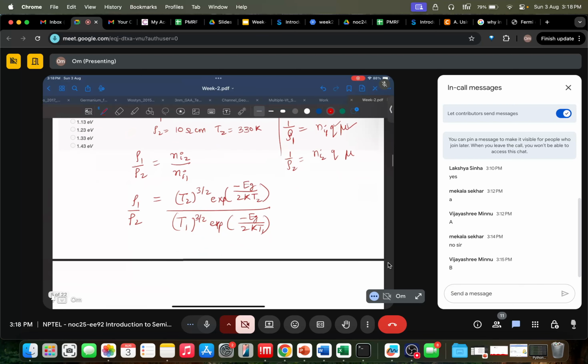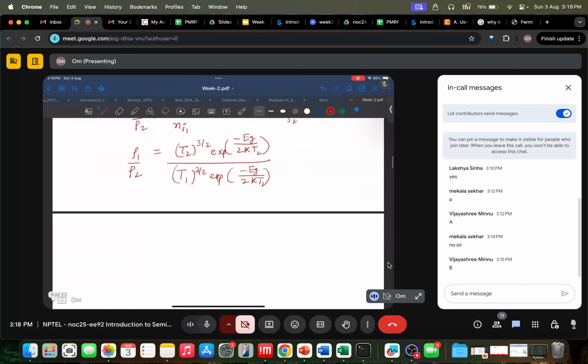Now if I rearrange this and solve further, rho 1 by rho 2 is T2 by T1 to the power 3 by 2 times exponential of Eg by 2k into 1 by T1 minus 1 by T2.